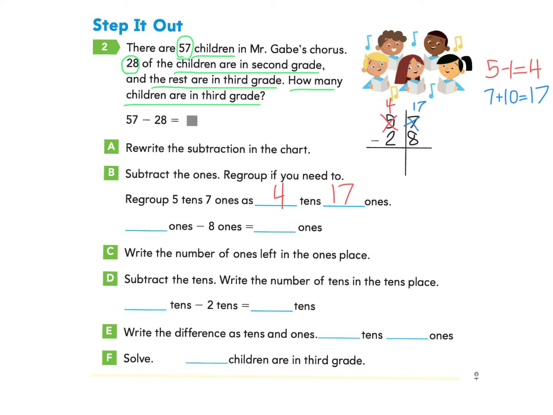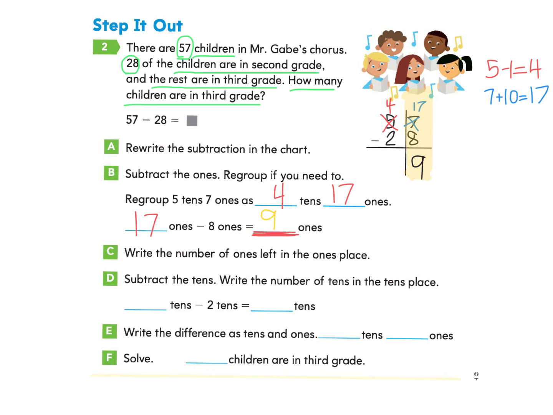And so now we can say 17 ones take away 8 ones gives us, and we're going to write our answer right here. Okay, so we can answer that 17 ones take away 8 ones is going to give us 9 ones. And so we can go ahead and write the number of ones left in the ones place. So let's go ahead and write that in, 9.